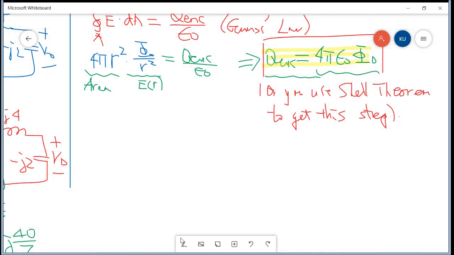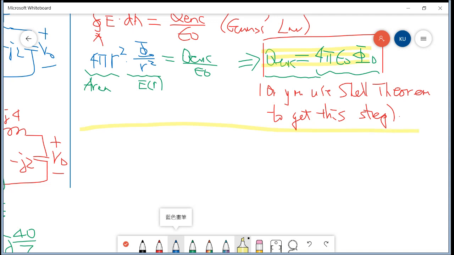Next, we define another Gaussian surface.